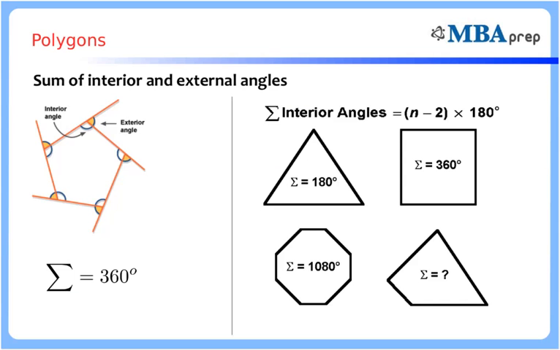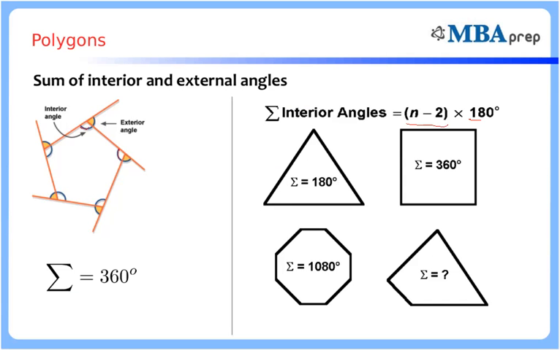The sum of interior and exterior angles. The sum of interior angles, the ones for sure inside of the polygon, depends on the number of sides. Just reduce by 2, multiply by 180.